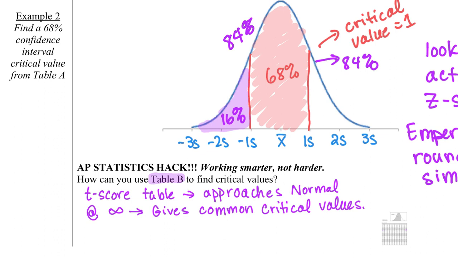What's nice about this is when you're on the AP exam and you panic and you don't remember which one is 1.96 and which one is 1.64 and what you're supposed to be using for your confidence intervals, all of the values are actually on that table and you can use it as a reference. It only gives the common ones, but it gives you enough that you're more likely than not going to be able to use it on the AP exam.